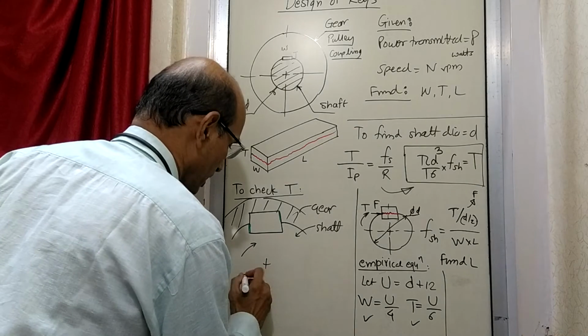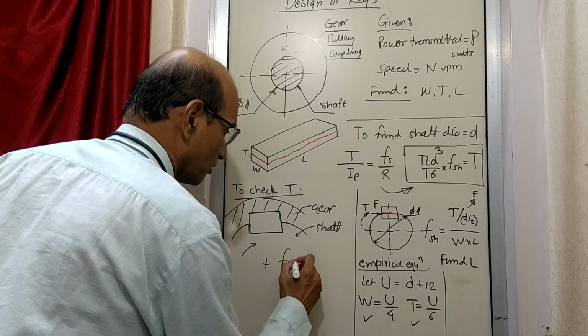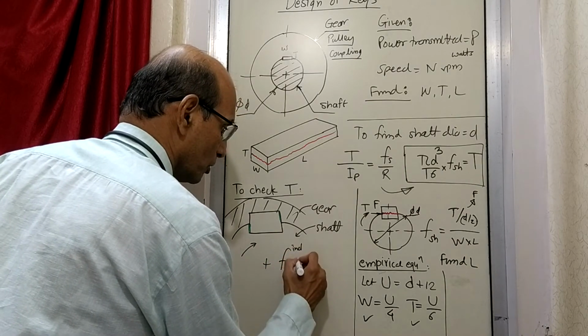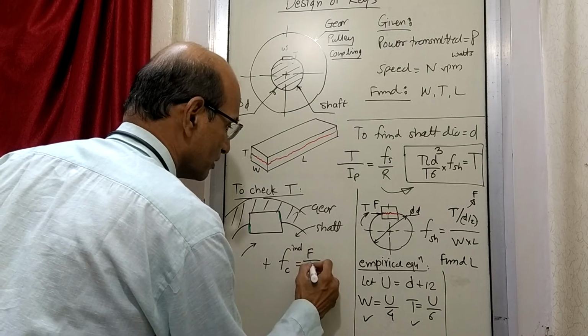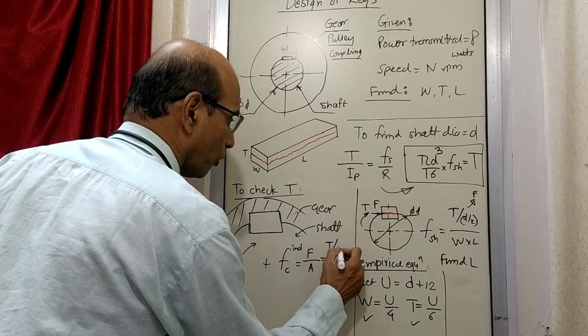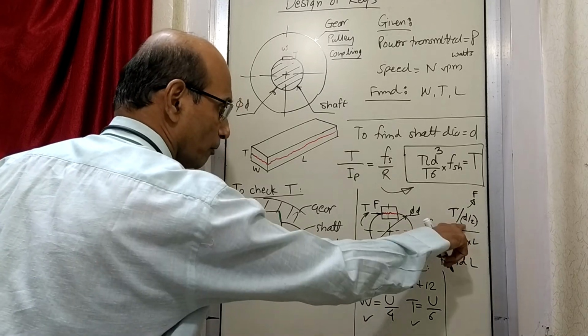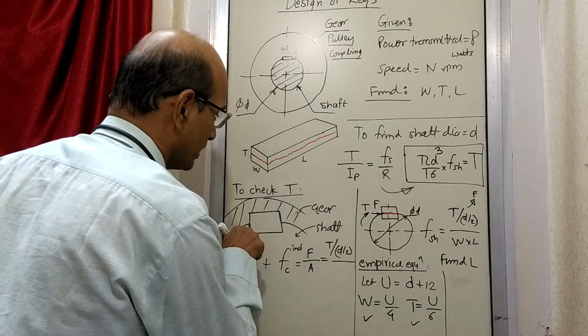So I'll write here F crushing induced is equal to load upon area. Load is force, and the force is T upon D by 2. What is the area here?